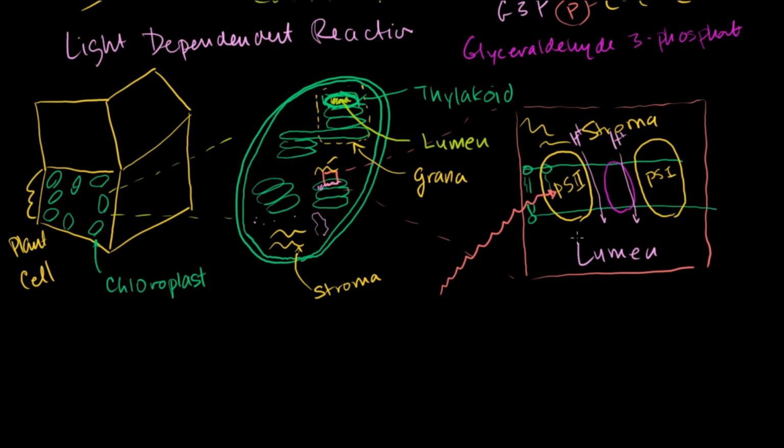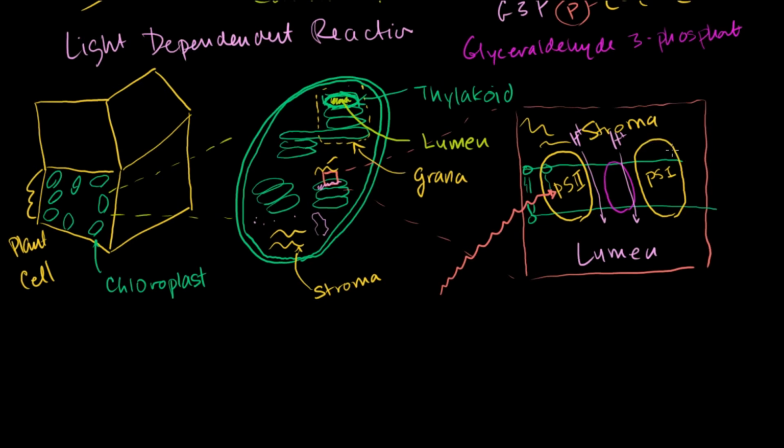But in either case, you're creating this gradient where, because of the energy from essentially the photons, the electrons enter a high energy state, keep going into a lower energy state, and then go to photosystem 1, and then they get hit by another photon. That's a simplification, but that's what you can think of. They enter another high energy state, then go to a lower energy state.